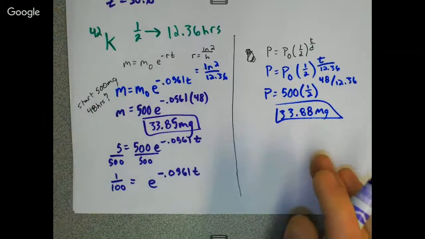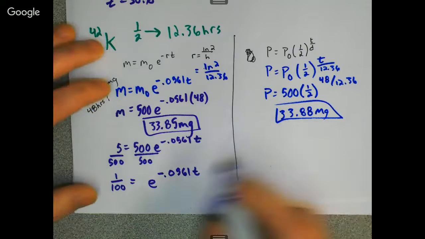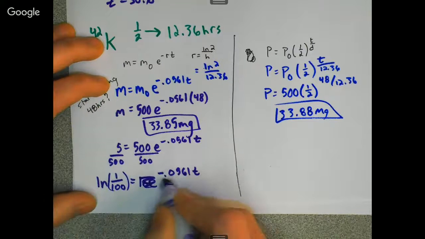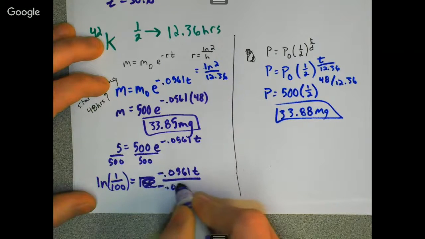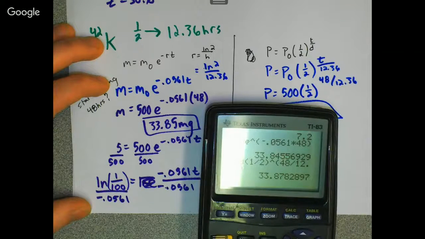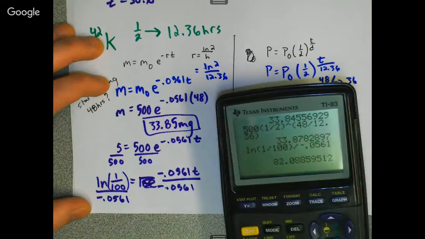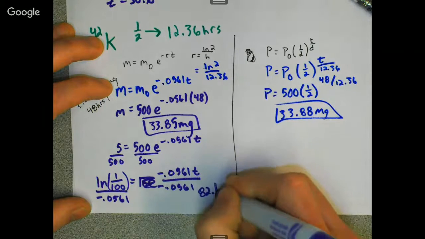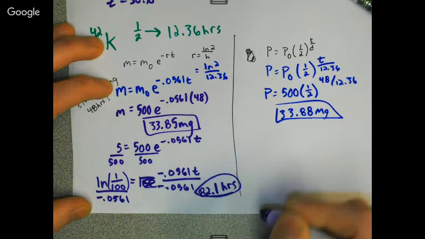All right, so then to get rid of the e, we'll take the ln of that whole thing and divide by negative 0.0561. So I have ln of 1 over 100 divided by negative 0.0561. And I get 82.1 hours. Okay, because that was time.